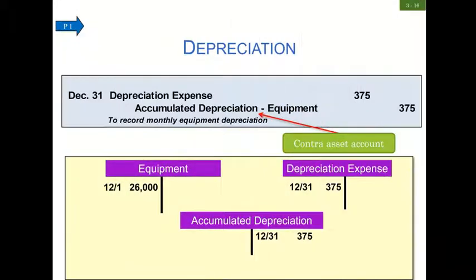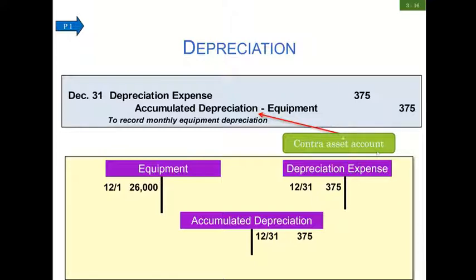So in this case, we need to record the depreciation expense for 1 month. The debit side is depreciation expense, and the credit side is accumulated depreciation, equipment. Accumulated depreciation is a contra account to the assets account, and the assets account is equipment, so this is contra to the equipment account.